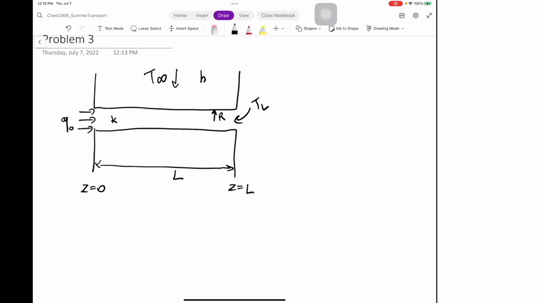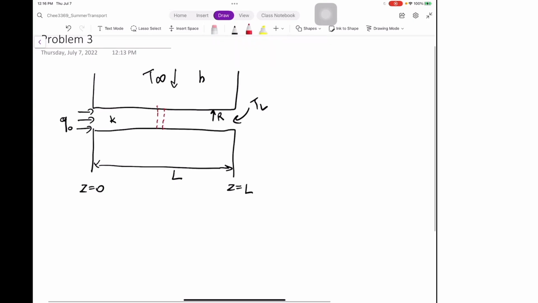Obtain a relation for steady state temperature distribution in the rod. So as we did in the thin problem, you should get a very similar differential equation. You should start with a shell balance. You take a shell. This is the Qz at z, and this is the Qz at z plus delta z.